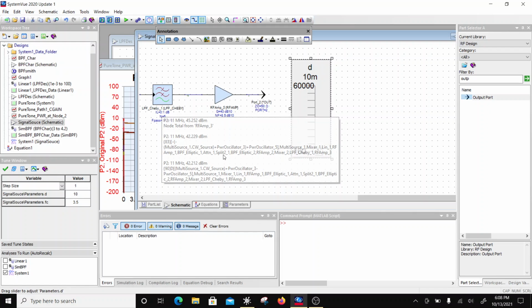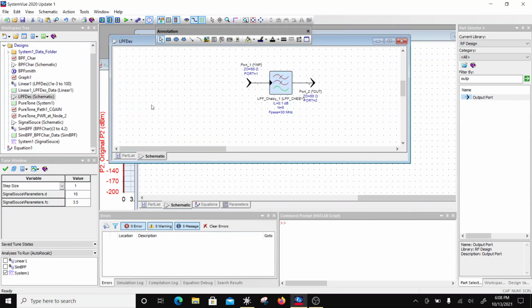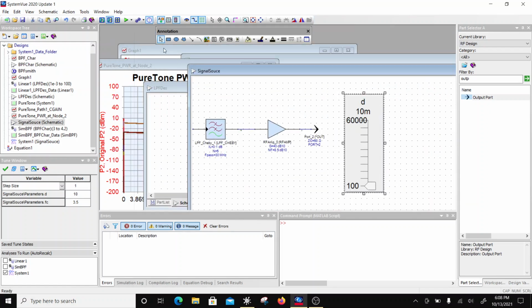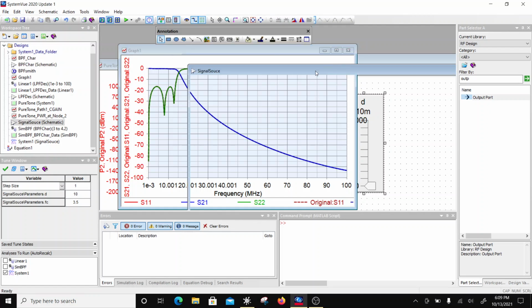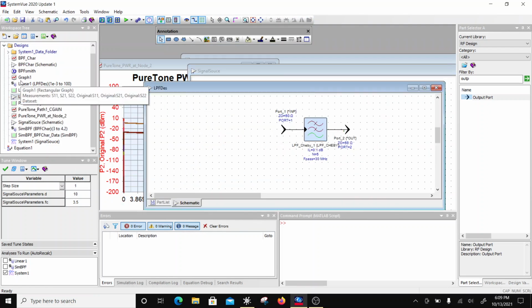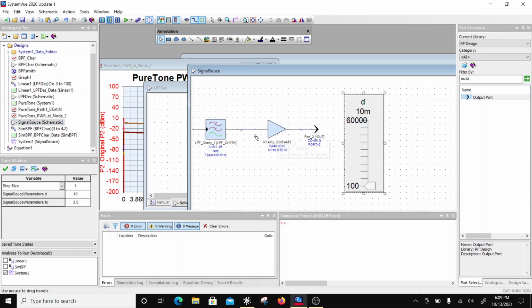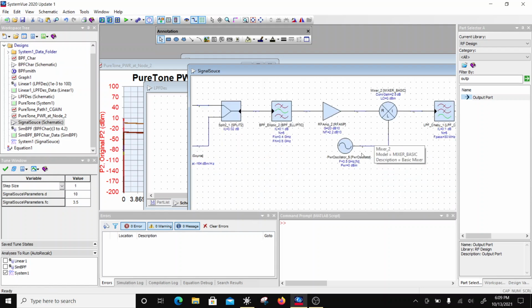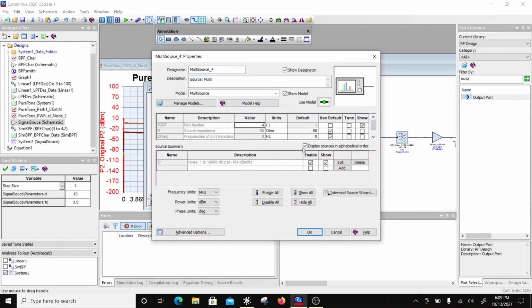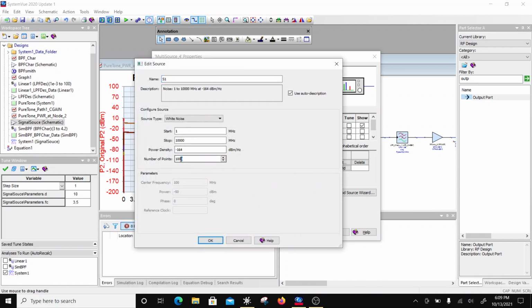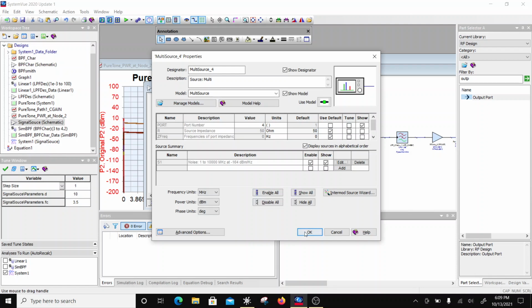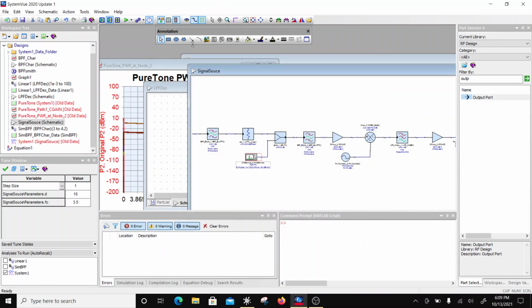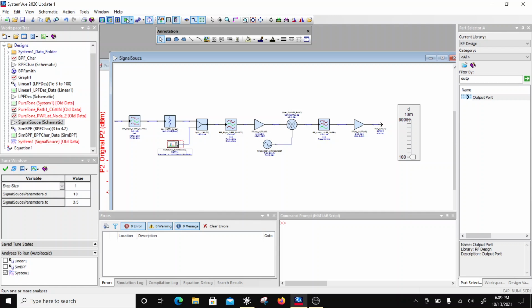Hang on. Let's reduce the number of points in the noise. Let's close this, not this one, this one. Let's reduce the number of points in the source. Multi-tone case. Edit. Because this is flat anyways. Okay. And so it should auto calculate.